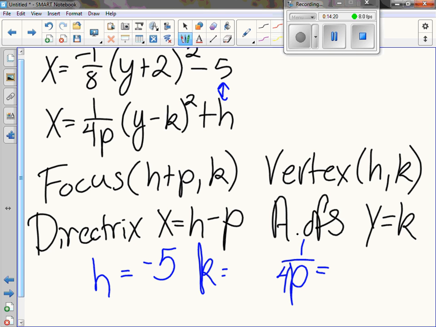H is outside the parentheses, so it's -5. K is now where? Inside. So since we have +2 inside, it comes out as -2. And our 1 over 4p matches with -1/8.